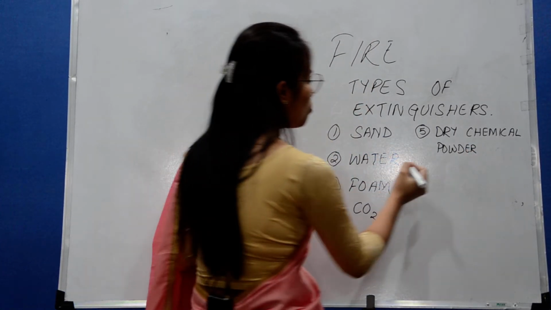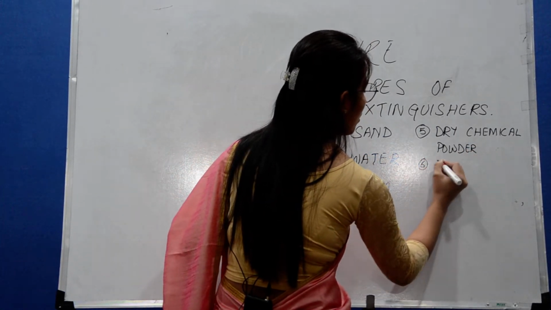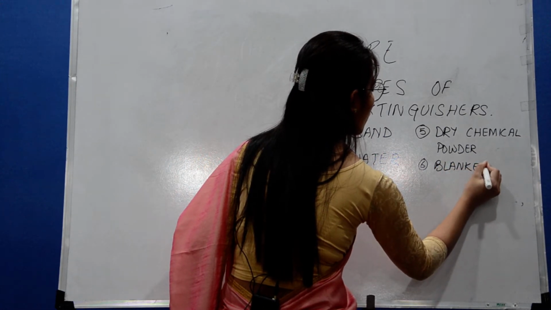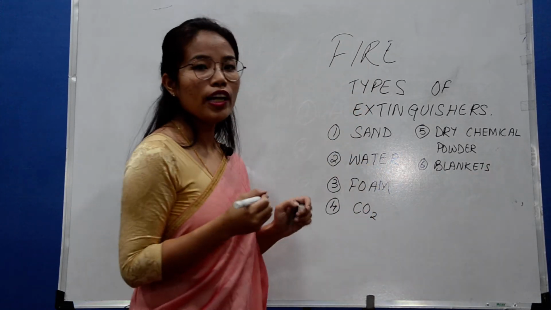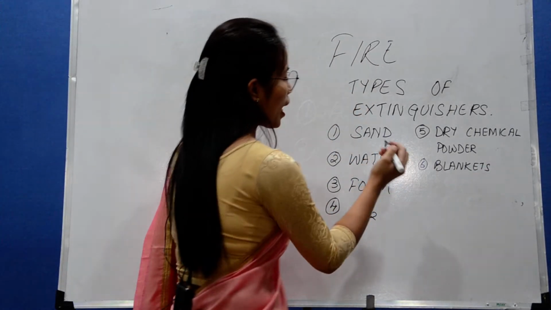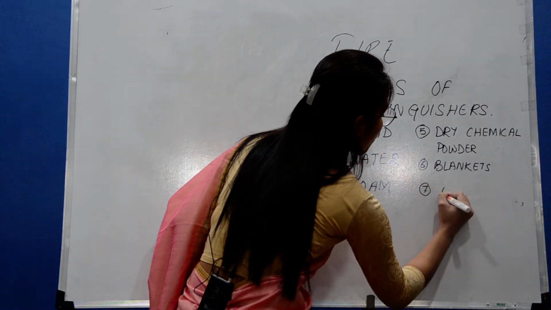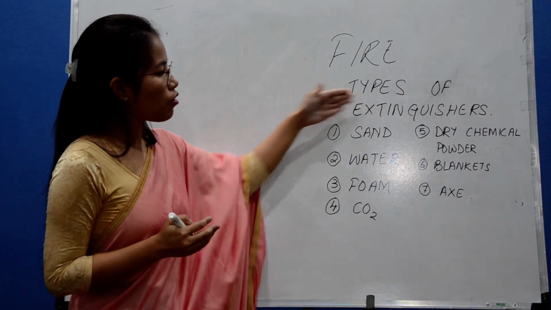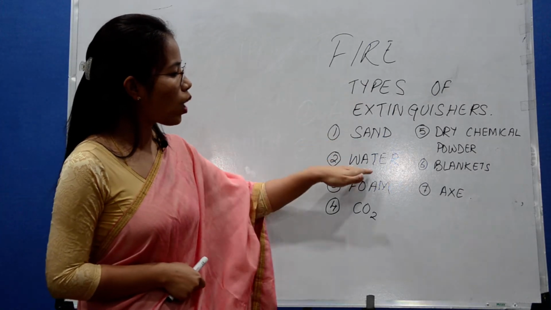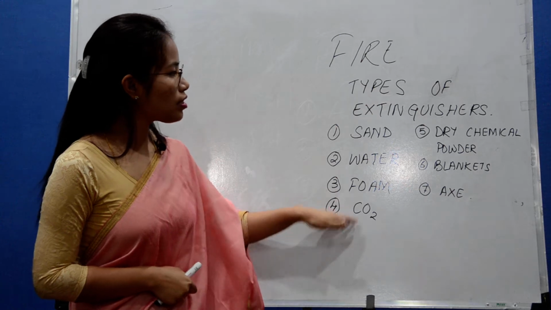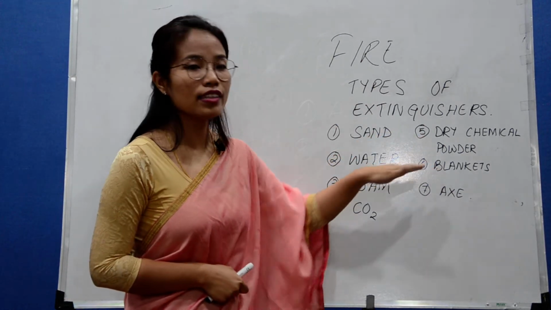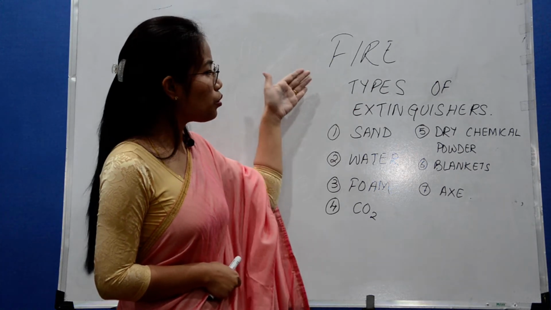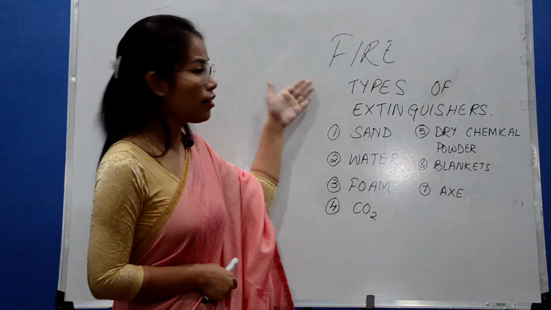We also have blanket, which is commonly used in the kitchen. These are the types of extinguisher: water, foam, carbon dioxide, dry chemical powder, and blankets. So let's see where we are going to use these extinguishers in the types of fire.